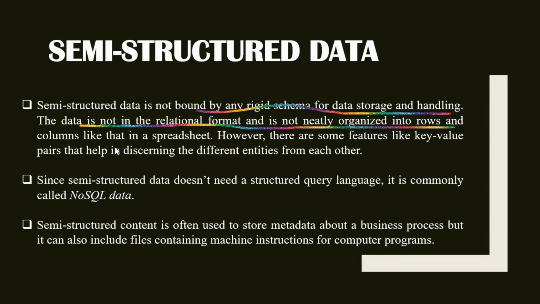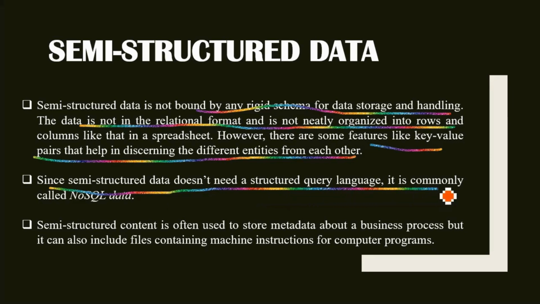It also cannot be organized in unstructured formats like the other ones, but there are key value pairs that help in discerning the different entities from each other. Since semi-structured data does not need a structured query language, it is commonly called NoSQL data. So, it is also known as NoSQL data.